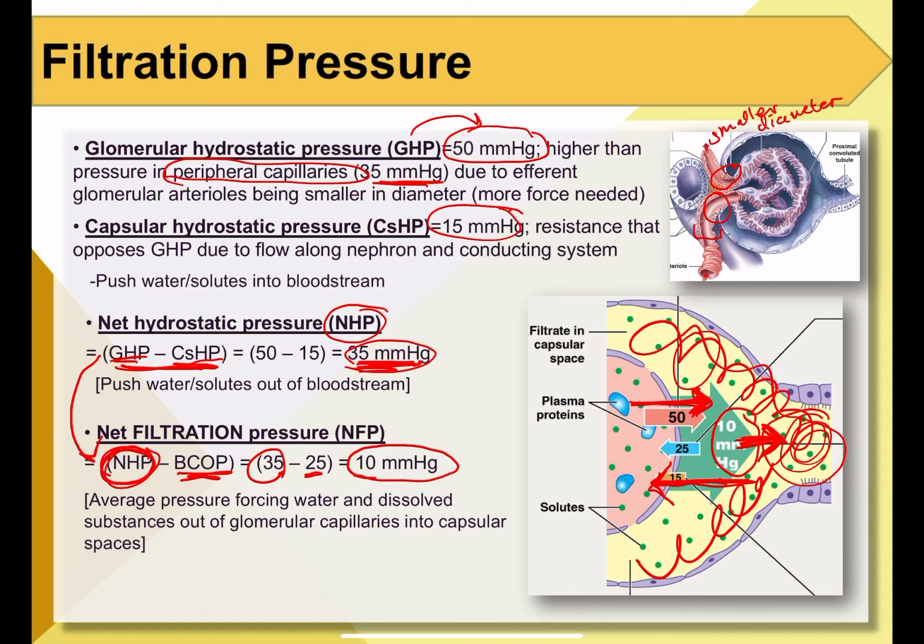The 25 is going the other way due to the presence of stuff within your blood. So 10 is that average pressure forcing water and solutes from your glomerulus into your renal tubule or capsular space to form your urine, okay?